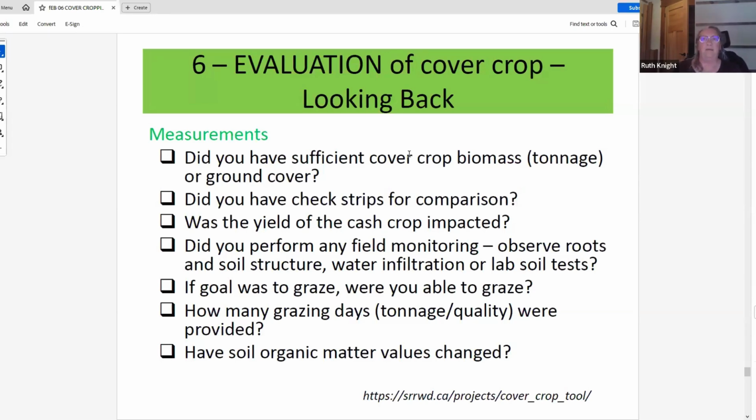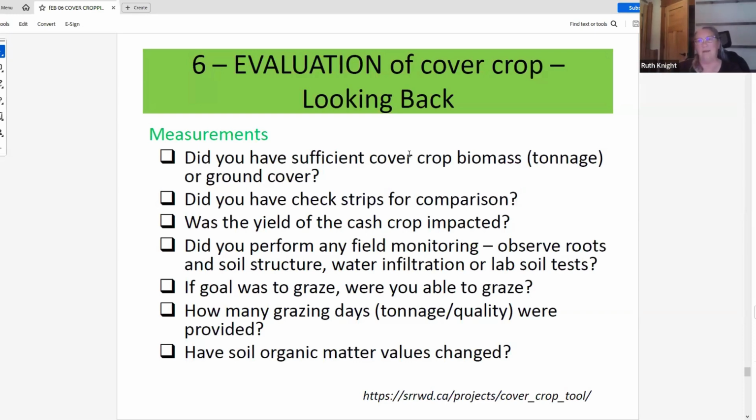And then, is the yield of the cash crop impacted? This is really important, in terms of what happens in the present, but also what happens in the future. So what's the impact on the crop that comes next?